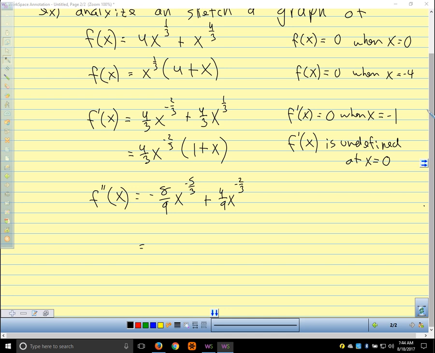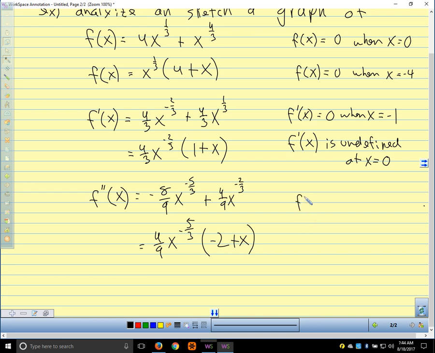And I'm going to factor this also. So I'm going to factor this to 4/9 x to the negative 5/3, and I'm going to write it as negative 2 plus x. So factor that just to find our critical points more easily. All right, and what do we see here?